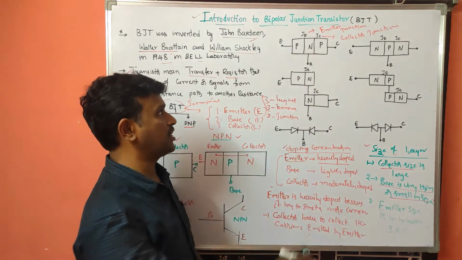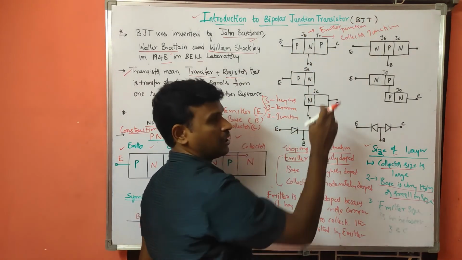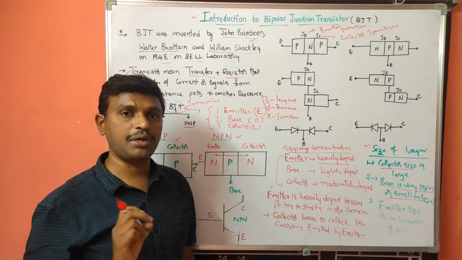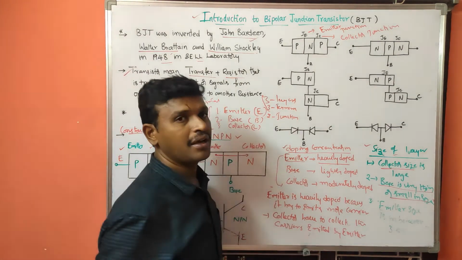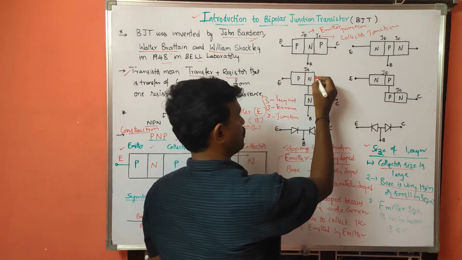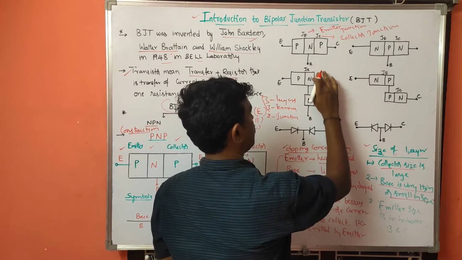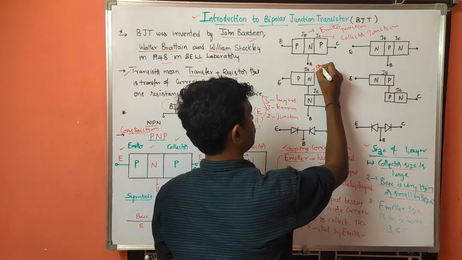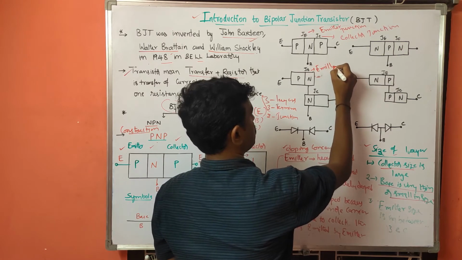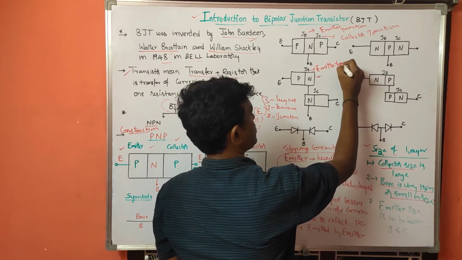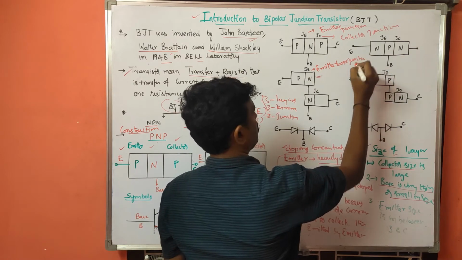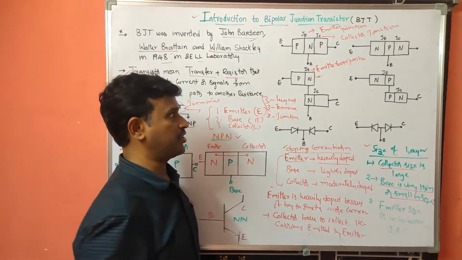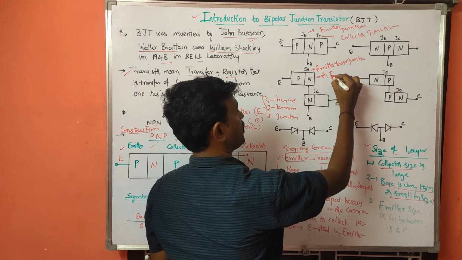So the junction is called the emitter junction, or we can also call it the emitter base junction. This junction is called the emitter base junction or emitter junction.